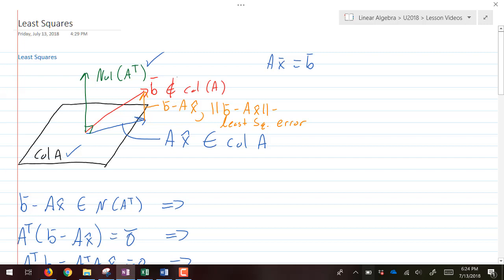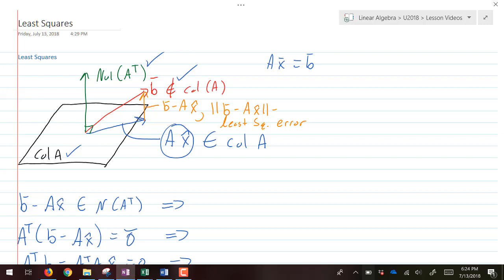So if b is not in the column space of A, then there exists some A x hat in the column space of A, and that's what we're interested in. What's the best solution possible for this system, which is inconsistent and doesn't have a solution?